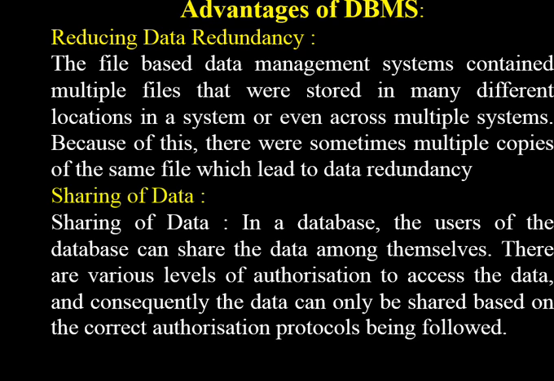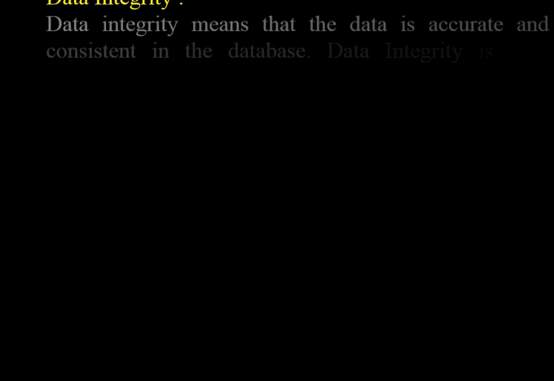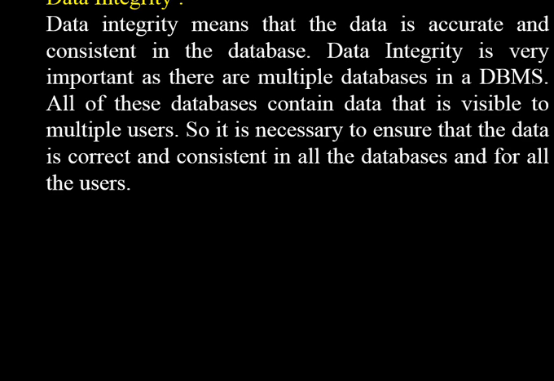Data integrity. The next advantage of DBMS is data integrity. Data integrity means that the data is accurate and consistent in the database. Data integrity is very important as there are multiple databases in a DBMS.